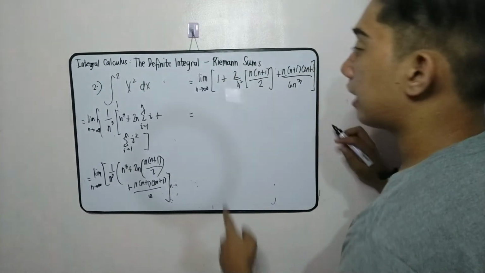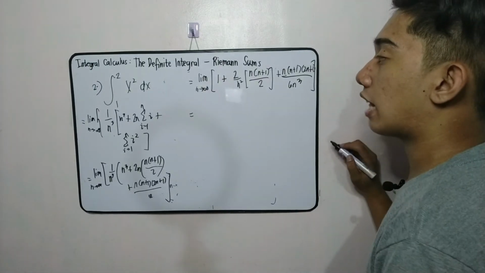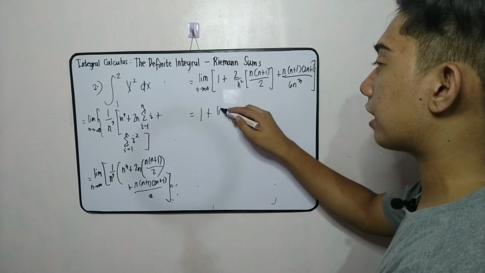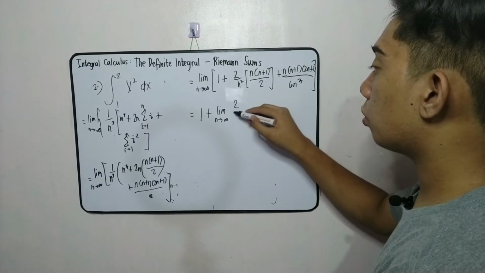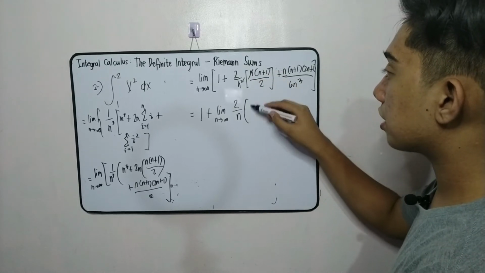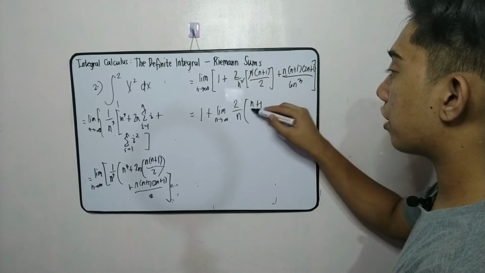Okay? The next, remember the limit of the constant is 1. So, 1 plus the limit of 2 over n, because this will cancel, times n plus 1 over 2.